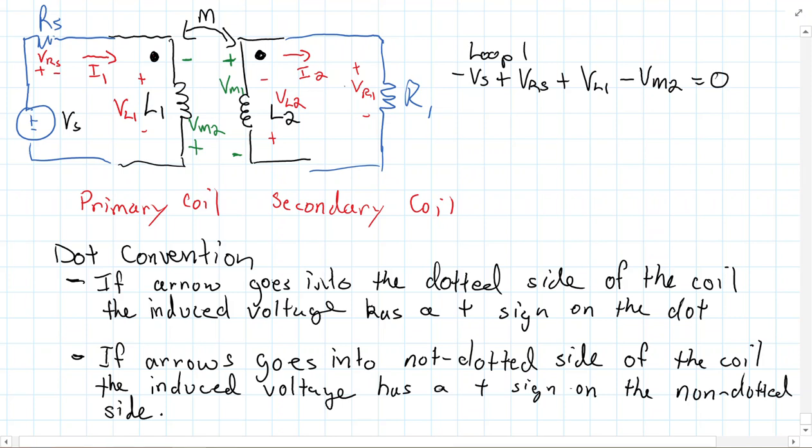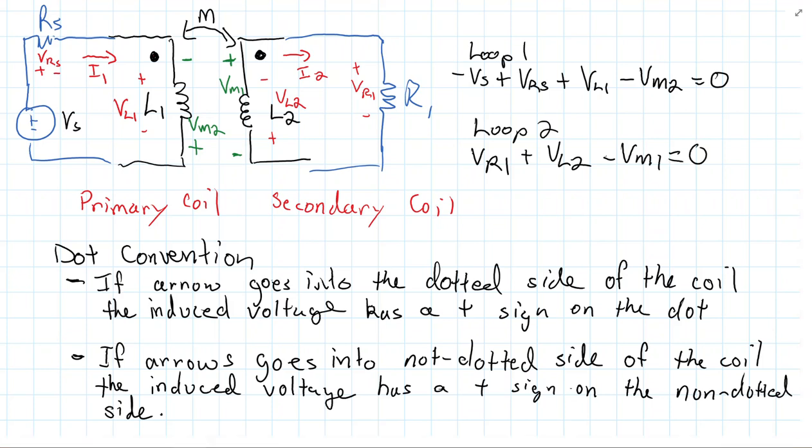And then if we did loop 2, I'll start with the resistor, VR1 plus VL2, and then again the current's hitting the minus sign of my induced voltage, so it'd be minus VM1 equals 0. So these would be my two equations.